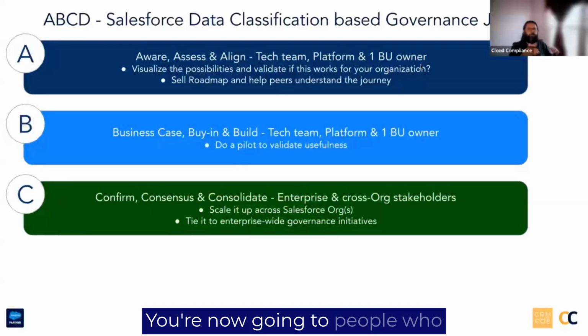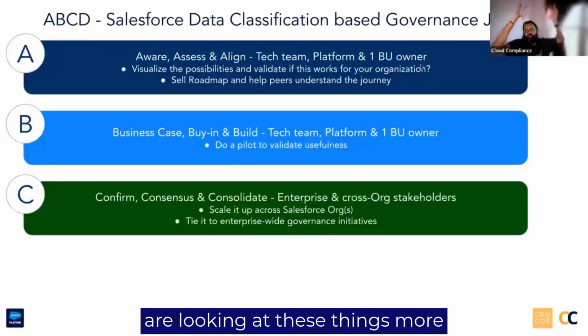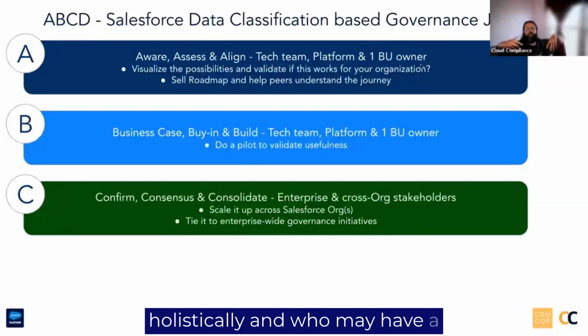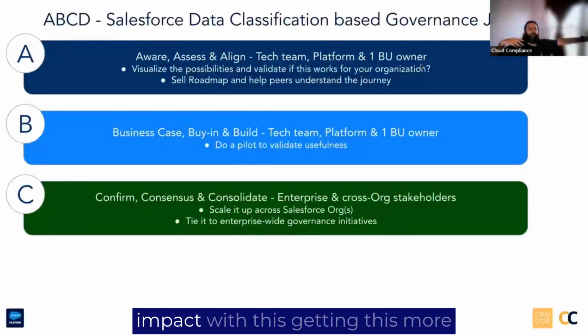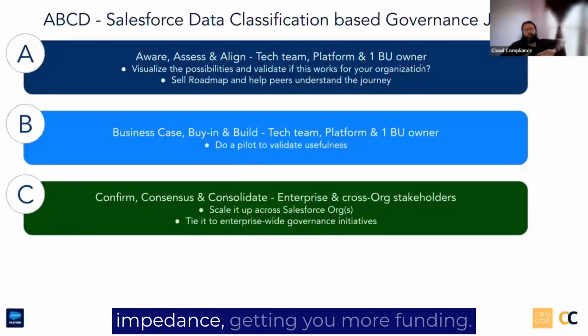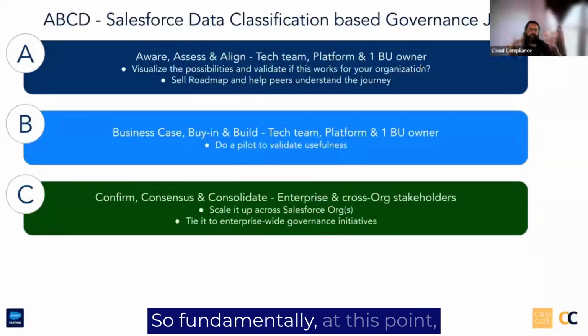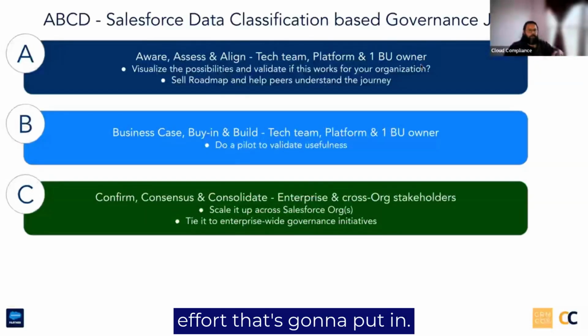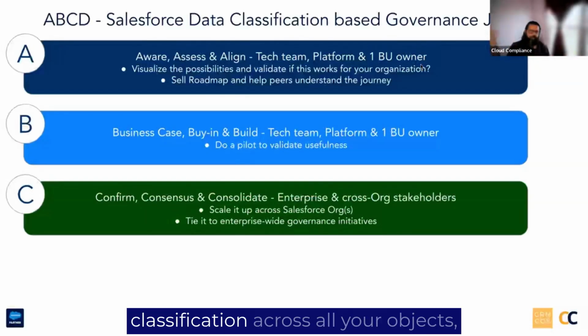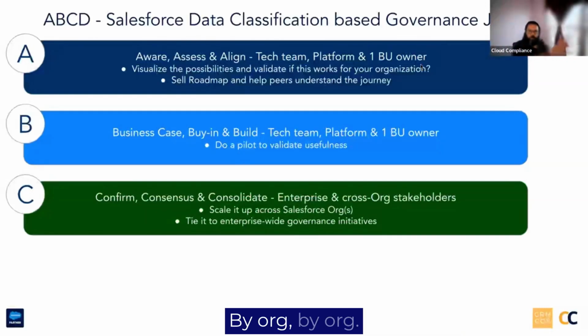You're now going to people who are looking at these things more holistically and who may have a greater say in helping you drive more impact, getting more impetus and more funding. Fundamentally, at this point, you're formalizing this as, yes, this is now a legitimate project. It runs like other things that we run, and a lot more effort is going to be put in. You may now be doing data classification across all your objects, all your fields, across Salesforce org by org by org.